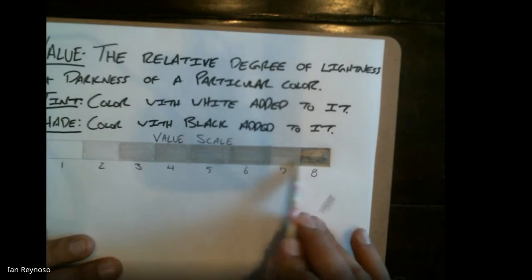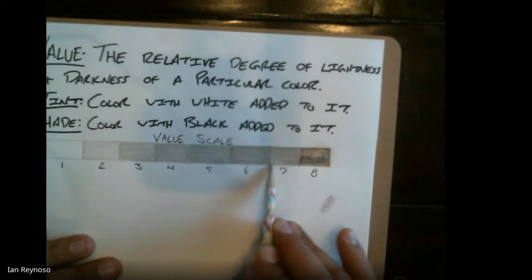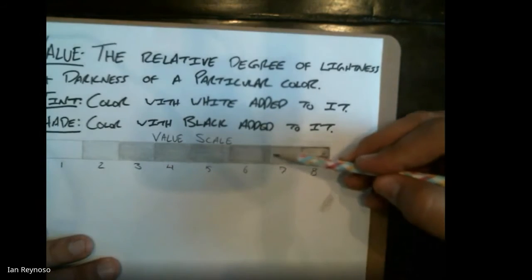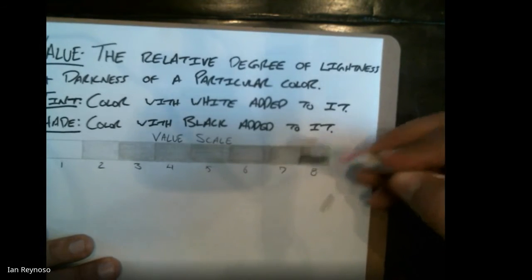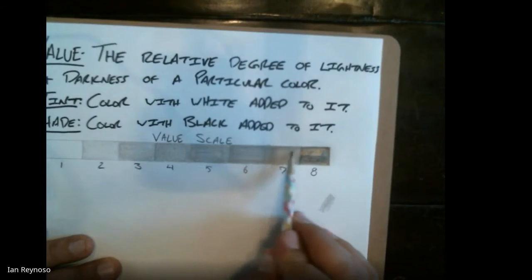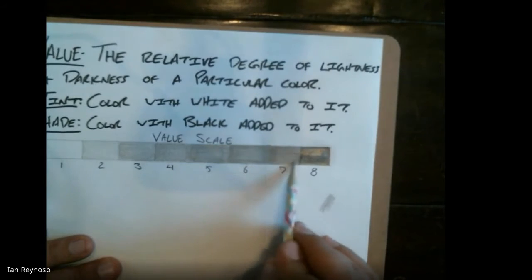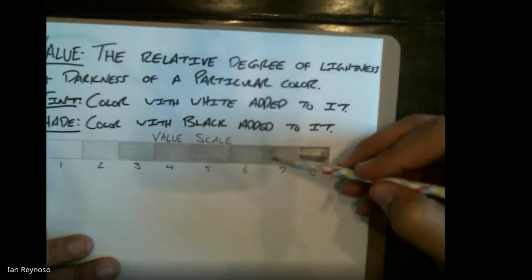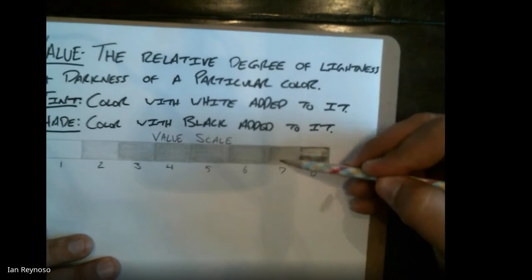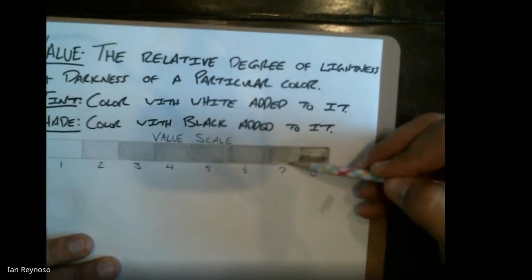I want to make sure it doesn't get quite as dark as my 8, but I want to make sure that I am darker than my 6. And I'm realizing I have to push pretty hard on this 7 with my bad pencil.